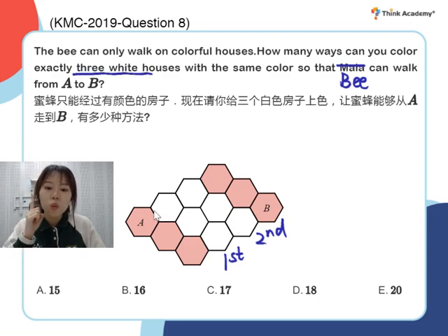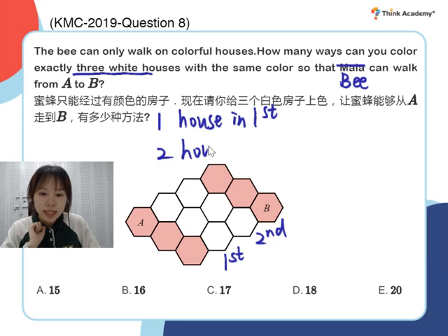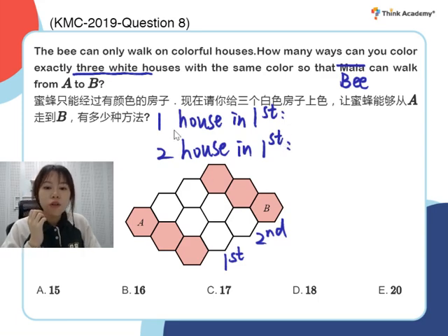Maybe we can color 1 house in the first layer or 2 houses in the first layer. That's the order. Understand? If you color one house in the first layer, for the second you're going to color 2. If you color 2 houses in the first layer, for the second layer you only color 1. Okay, let's see how we match.